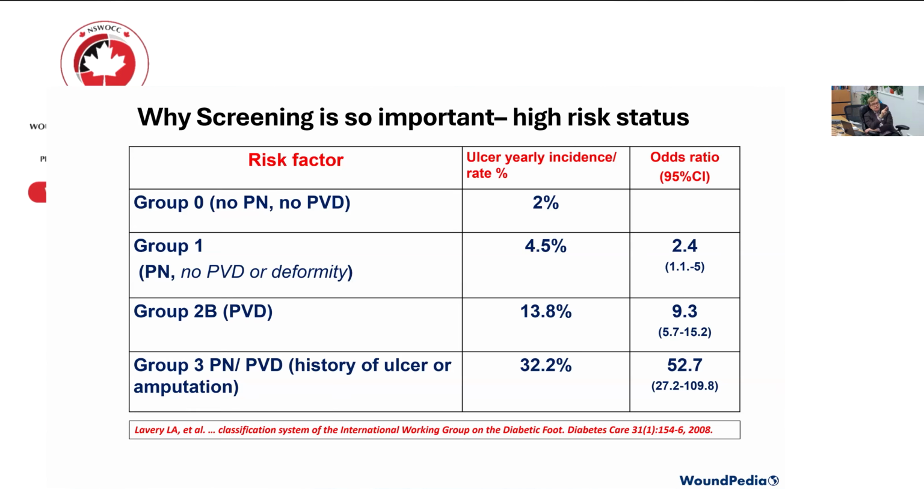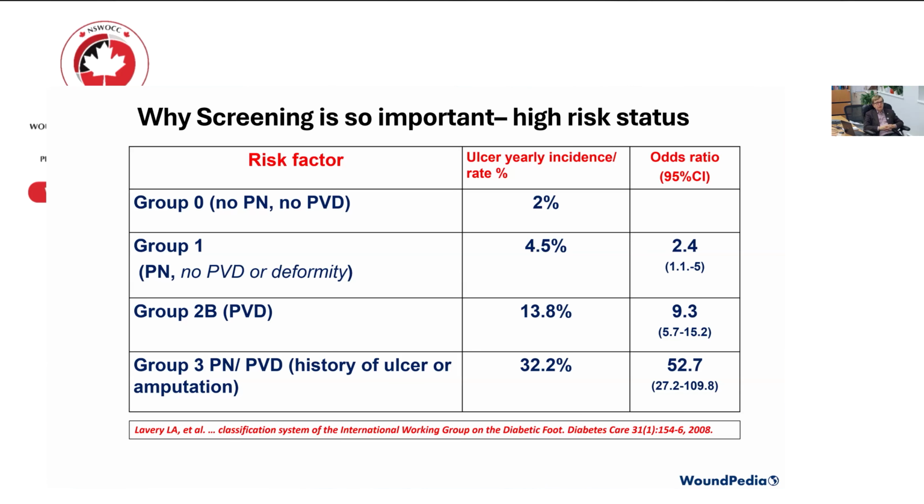But if you have any two of the four risk factors, peripheral neuropathy, peripheral vascular disease, history of a previous ulcer, history of a previous amputation on the lower limb, the ulcer yearly incidence rate goes up to 32.2%, so about a third. And if you look at an odds ratio, it's actually 52.7 times more likely, even though there is a big confidence interval there.